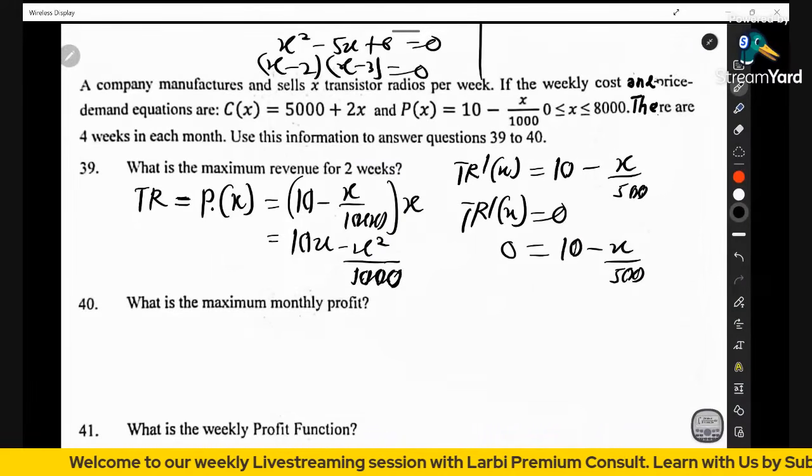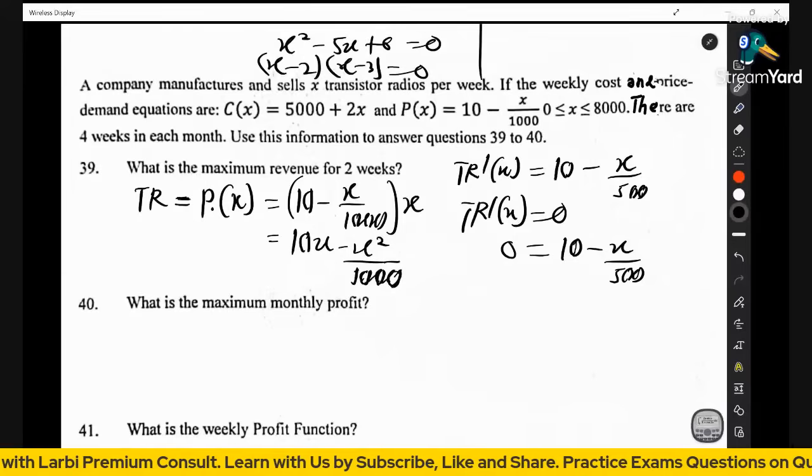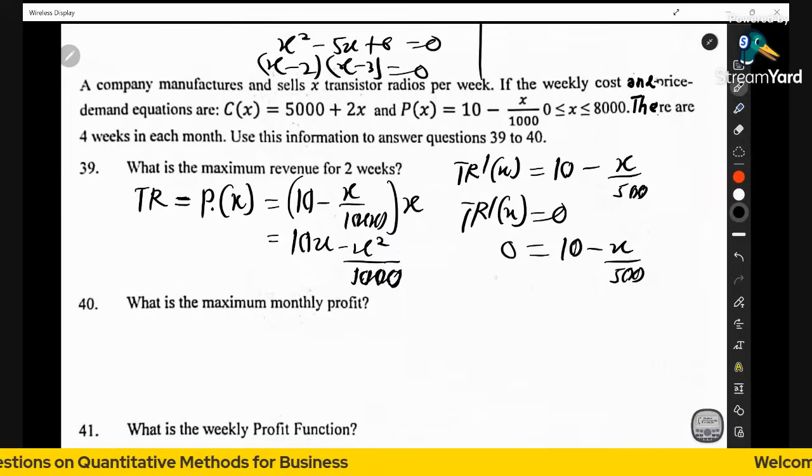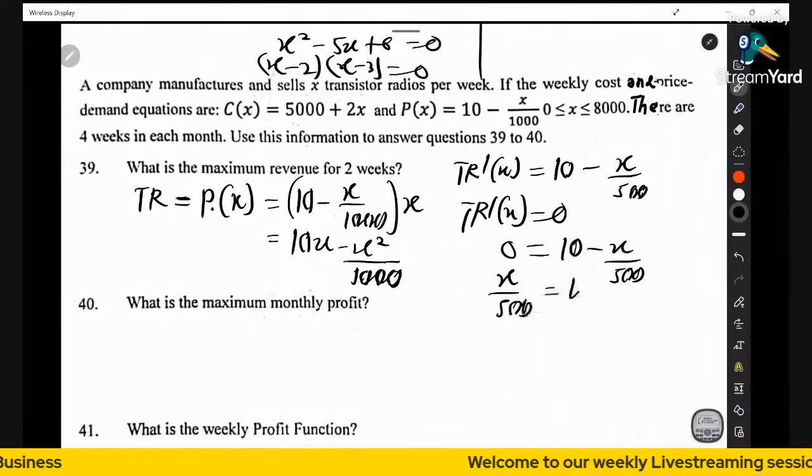At the point where the curve is at rest, the first differential should always be equal to 0, and so we can find our value of x. We bring in the x, so it becomes x over 500, and that should be equal to 10.